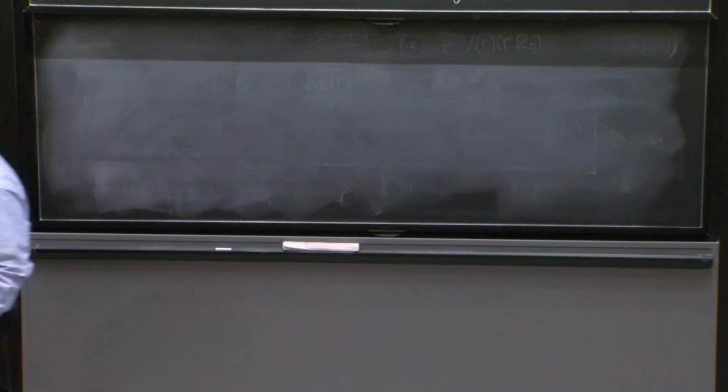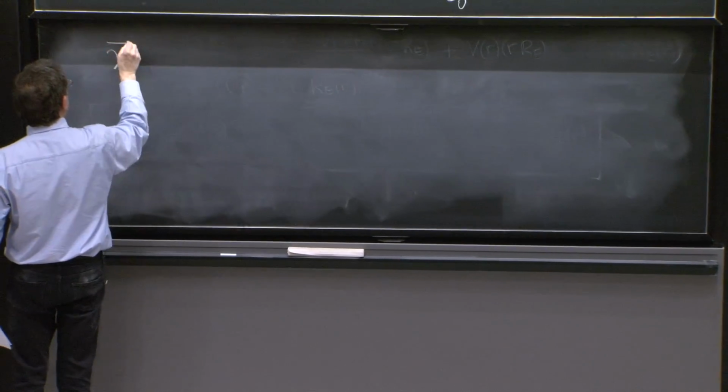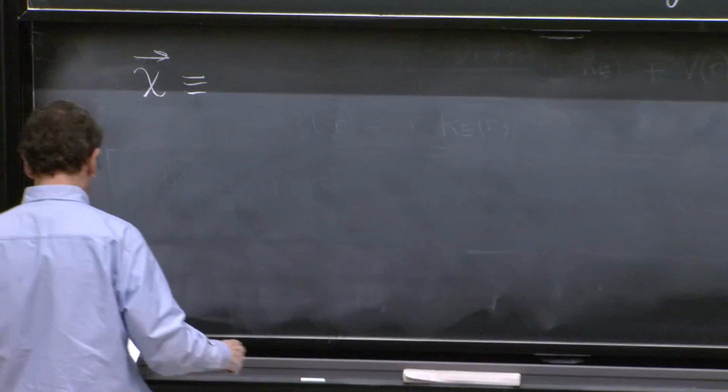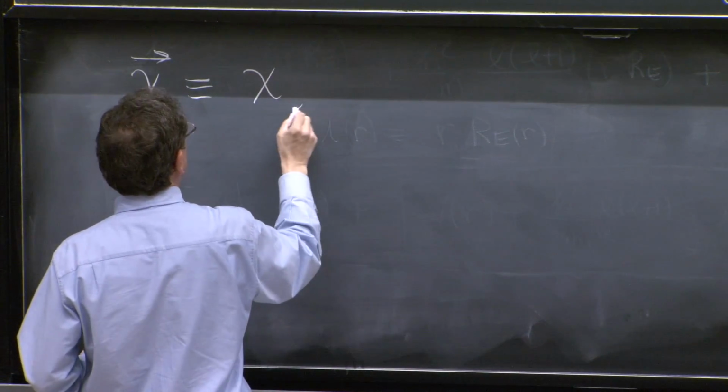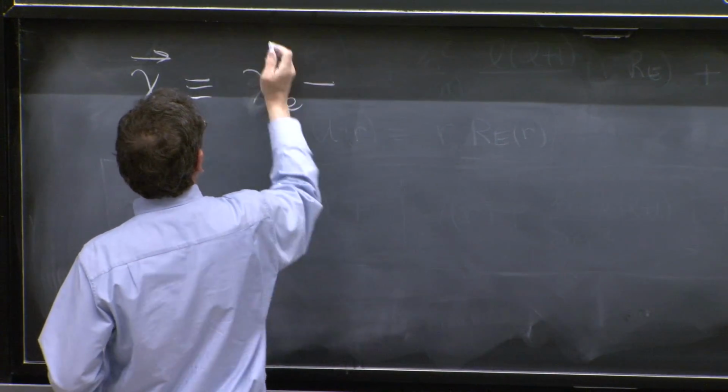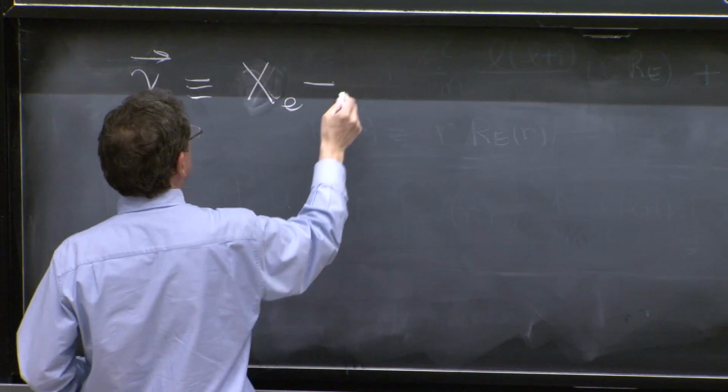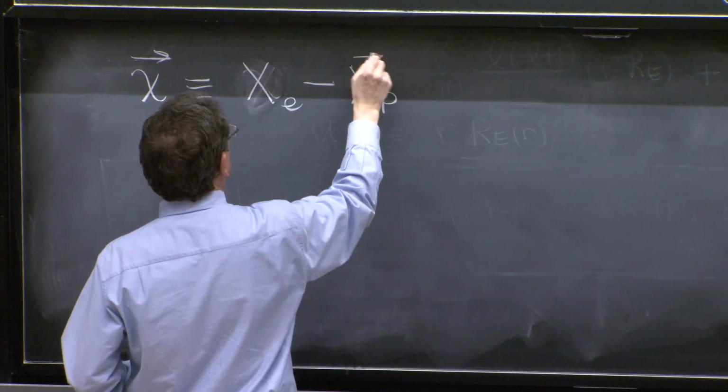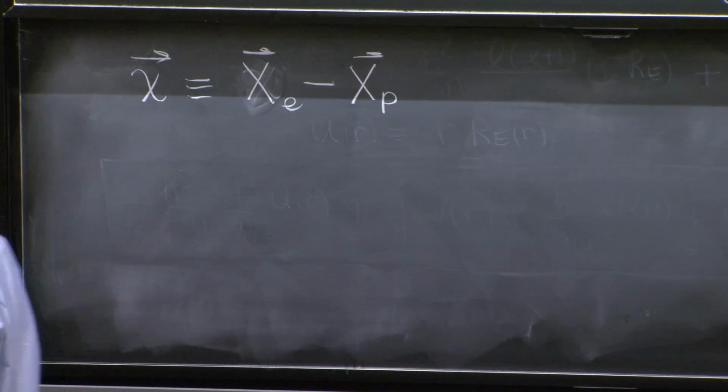And I don't know how I call it, x relative or, no, just little x. Little x will be defined as x of the electron minus x of the proton. This is natural. We want a little x like that.